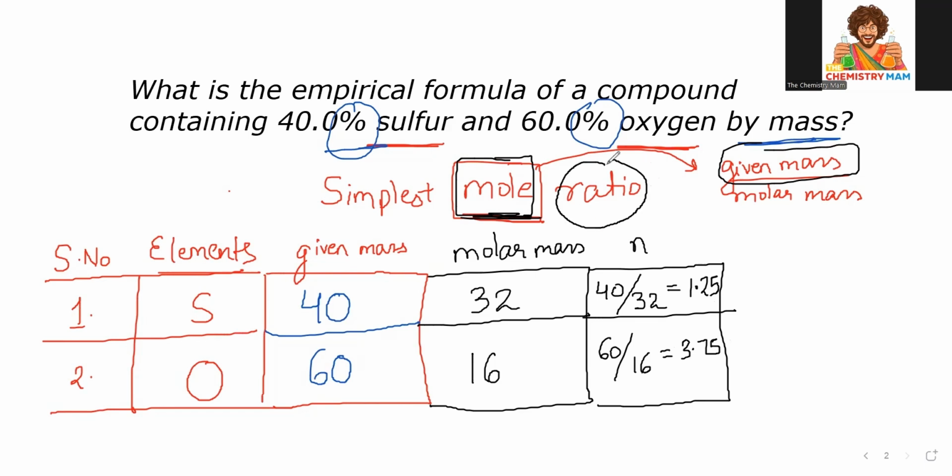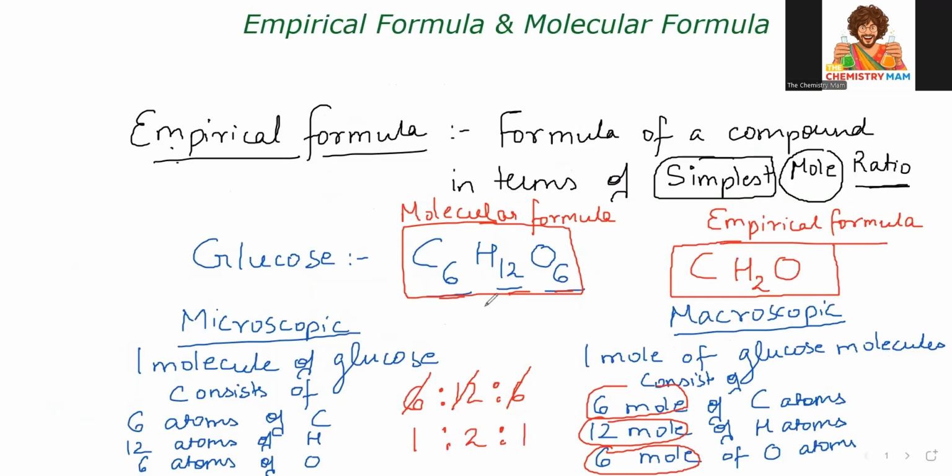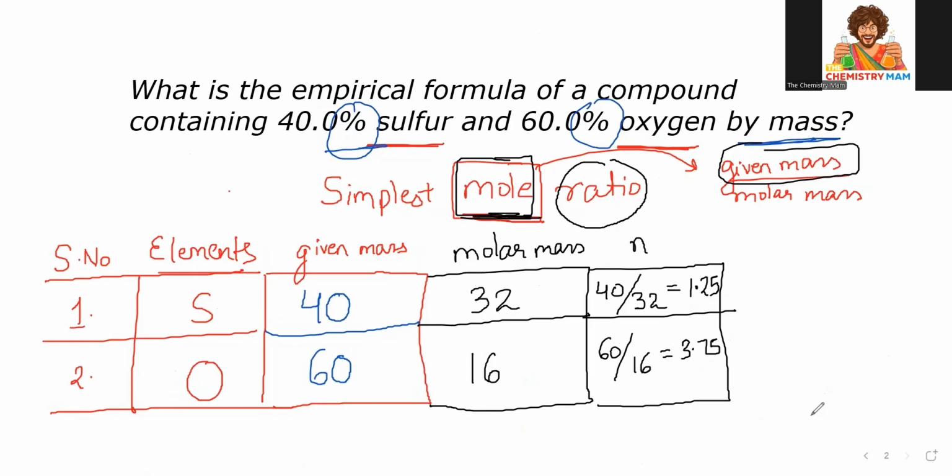And for calculating the ratio, like in the previous example that I was explaining, the mole ratio was 6 is to 12 is to 6. And you divided everything by 6 because 6 was the smallest number of moles. So over here also we are going to follow the same strategy.